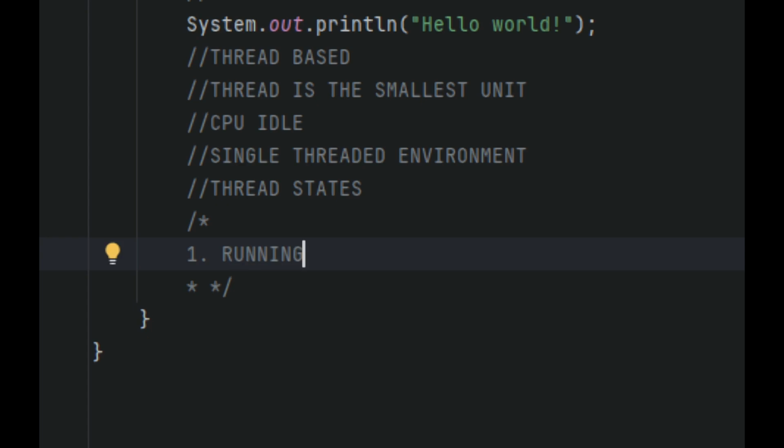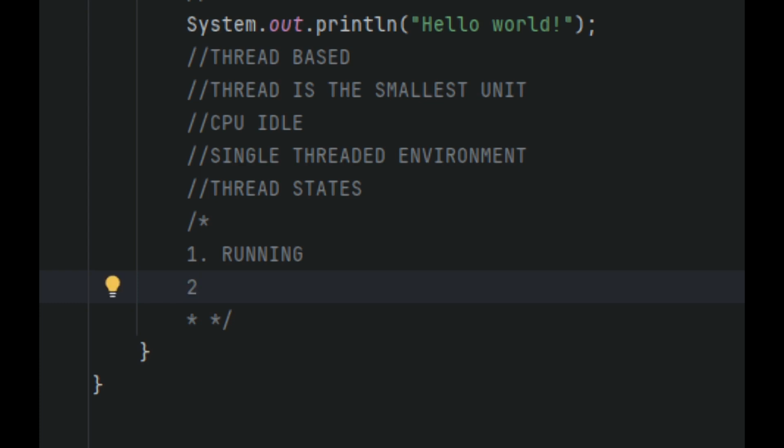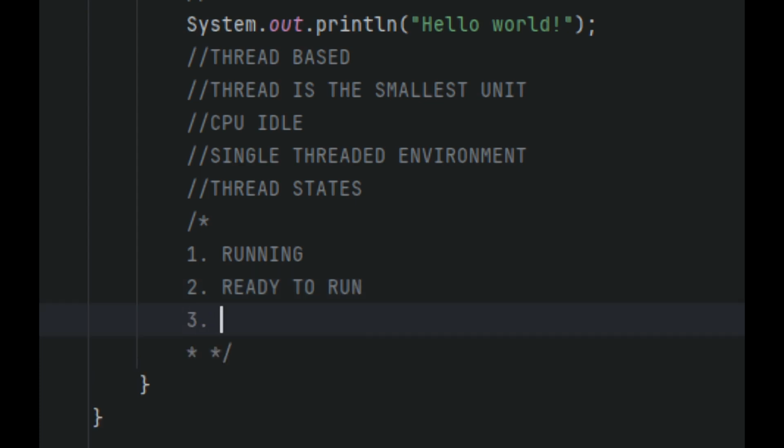Number two, a thread can be ready to run. That is a state, ready to run. A thread can be ready to run as soon as it gets the CPU time.